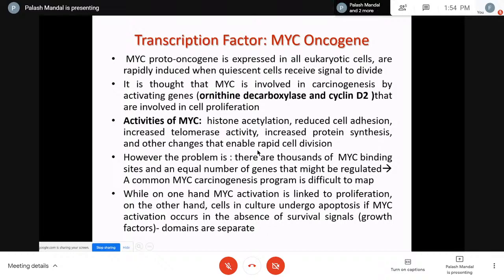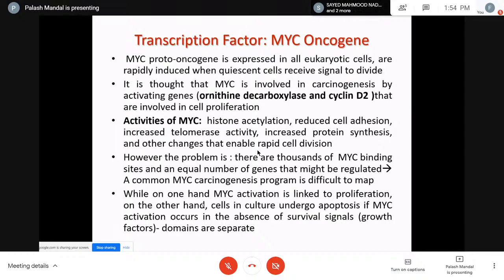And there are various activities of MYC: histone acetylation, reduced cell adhesion, increased telomerase activity, and so on. But the problem is that there are thousands of MYC binding sites and an equal number of genes that may be regulated, and hence a common MYC carcinogenesis pathway or program is difficult to map.